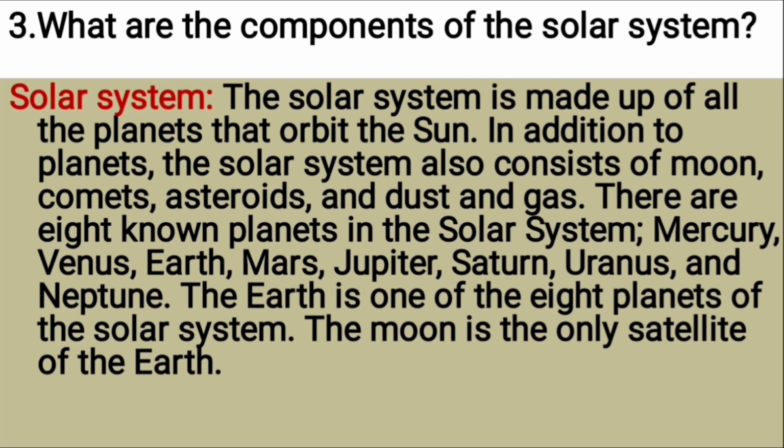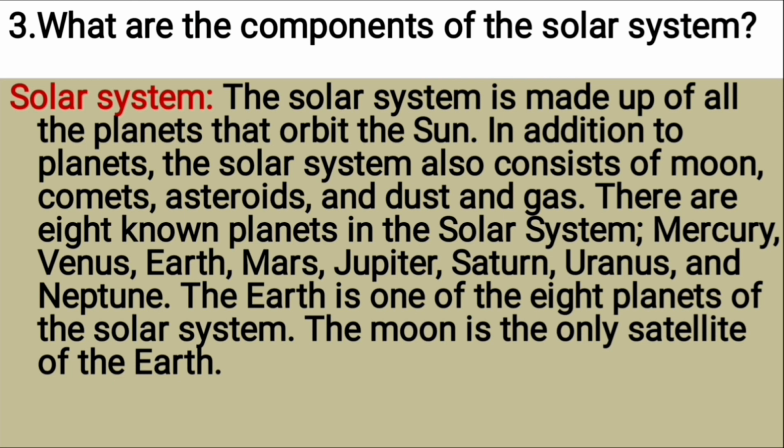In addition to planets, the solar system also consists of moons, comets, asteroids, dust and gas. That means the components of the solar system are moons, comets, asteroids, dust, gas and planets.